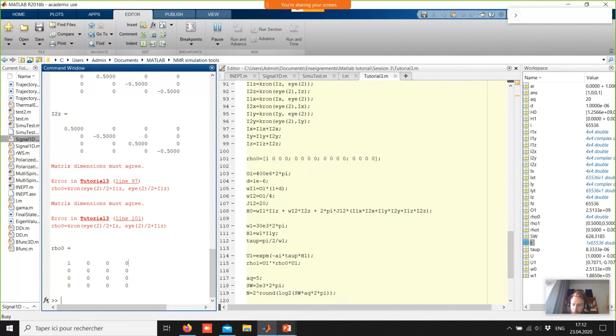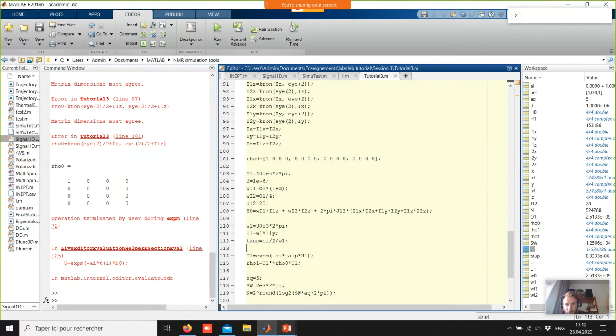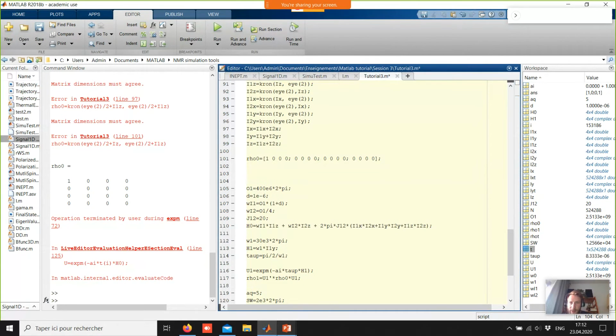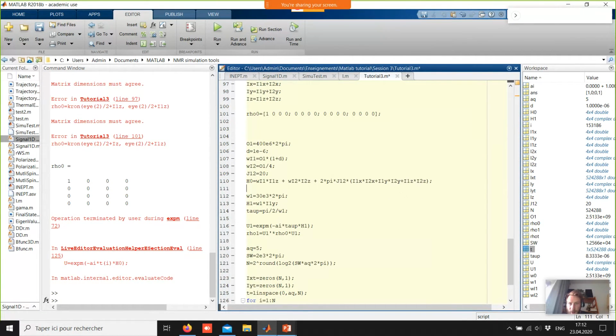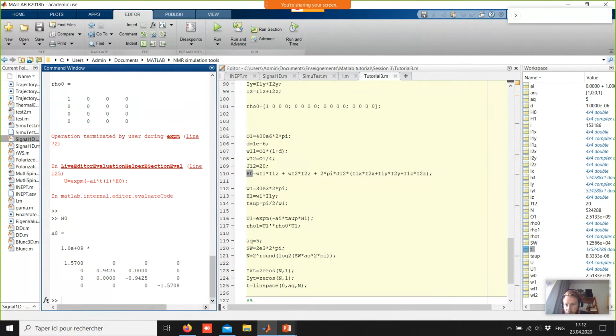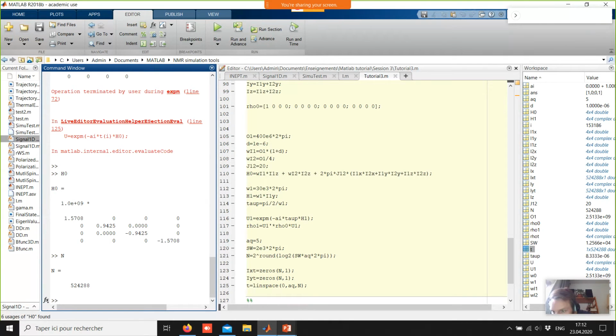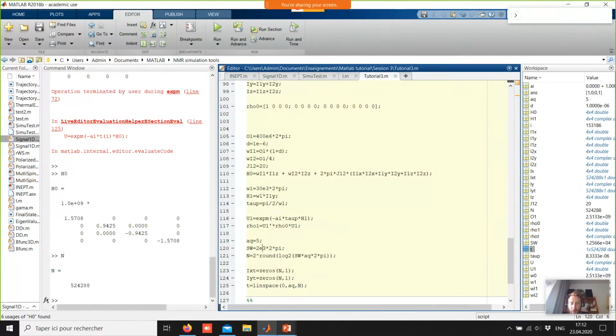So to stop the code, I go in the command window and I do Control C. Let's split until here, for example, and run only this part of the code. So let's have a look at H0. So it has the appropriate size at least. That's one thing. It's a 4x4 matrix as we expected. What is the value of n? N is immense, so maybe this is why it takes so long.